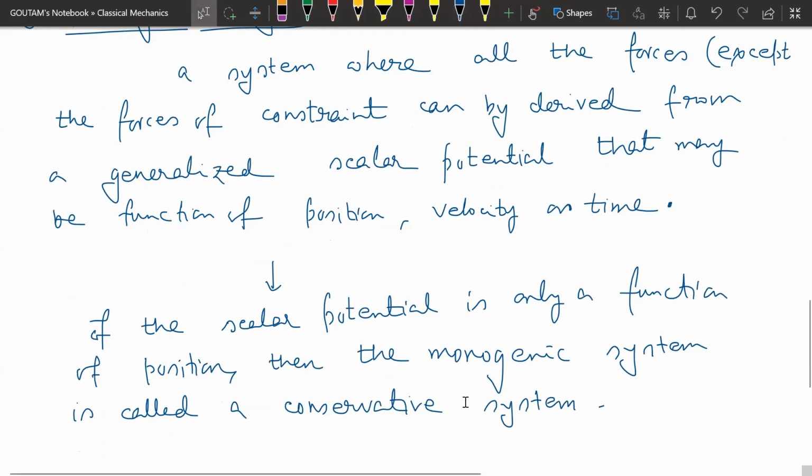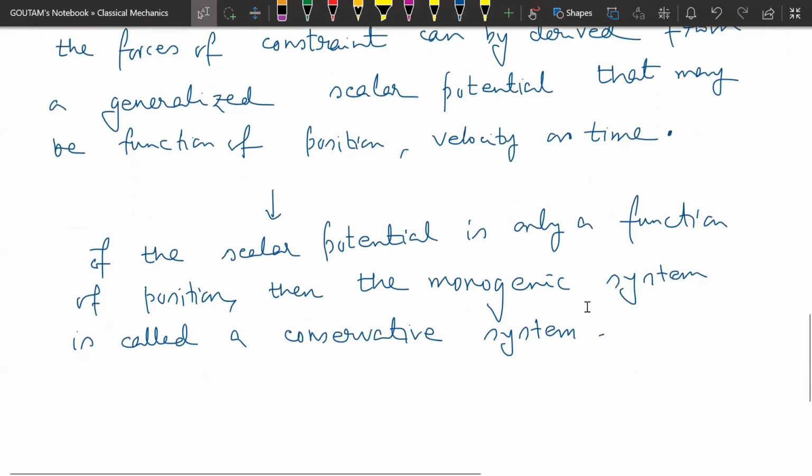So to get a conservative system, the potential must be a function of only position. So if we have the position, we can define a potential. Or basically, if we have the change of position, from that information only we can say the potential difference created.